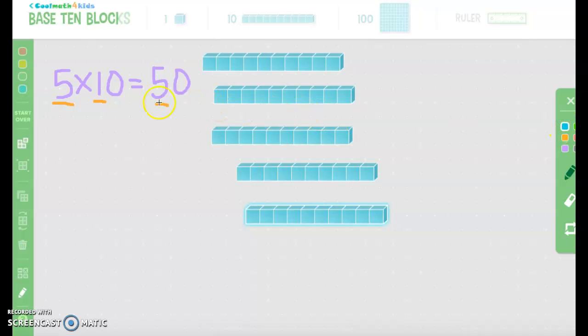And then I can just bring that 0 over here because I'm not multiplying it by 1, I'm multiplying it by 10. But it's easier to multiply 5 times 1 than to think in your head 10, 20, 30, 40, 50. You just think 5 times 1 is 5. So now we'll do something a little bit harder.